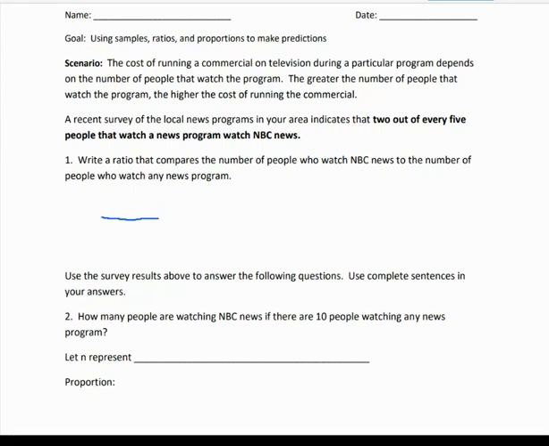What it's asking us to do is write a ratio that compares the number of people with NBC versus any news program. So let's go to the bold. How many people watch NBC versus how many total? Let's look at the bold. What does it say? 2 out of 5, exactly.